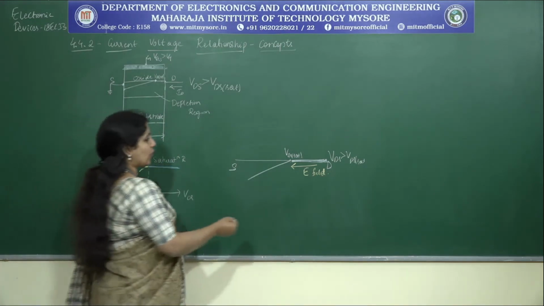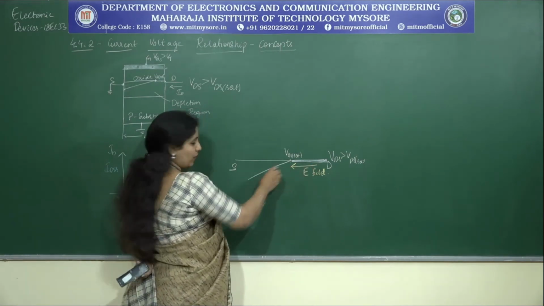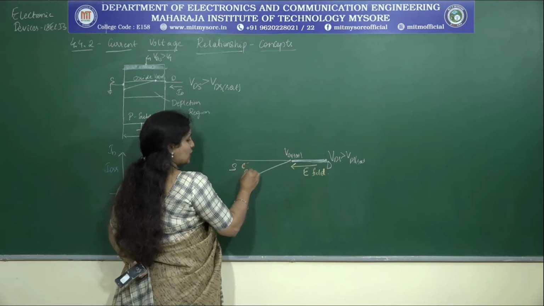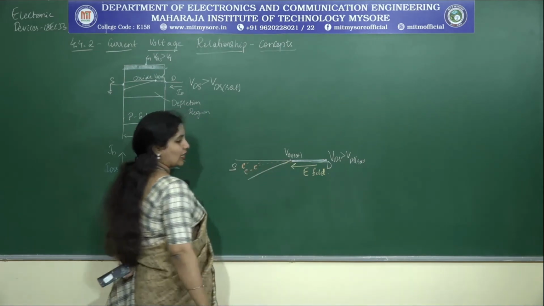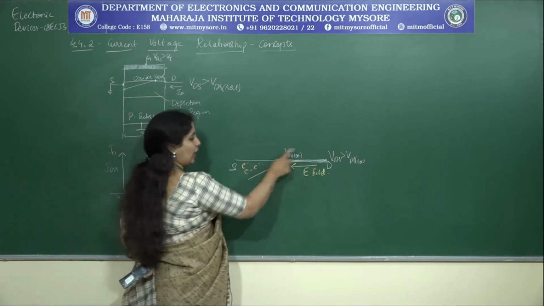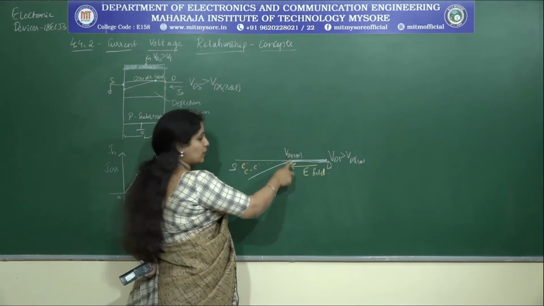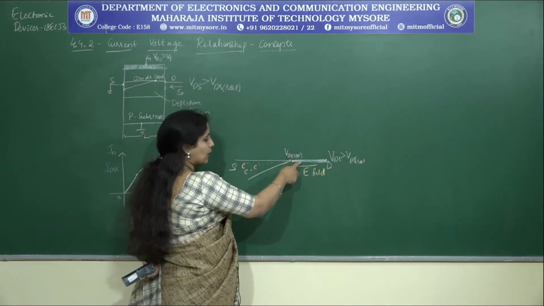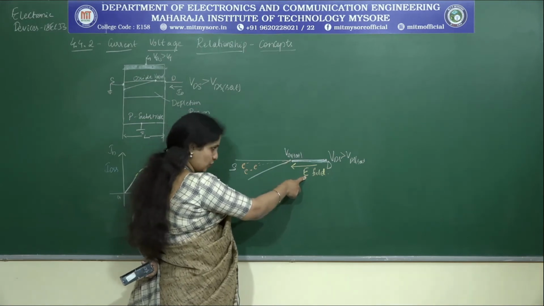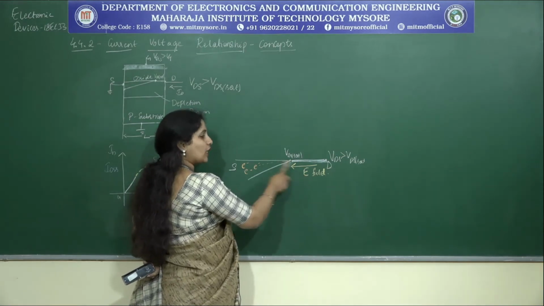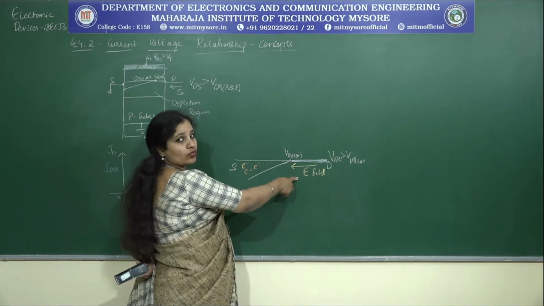Now, if the induced electric field is in this direction, then the electrons present right here, when they tend to move like this and reach the pinch off region, come under the influence of the electric field, and we know that electrons tend to move opposite to the direction of the electric field.